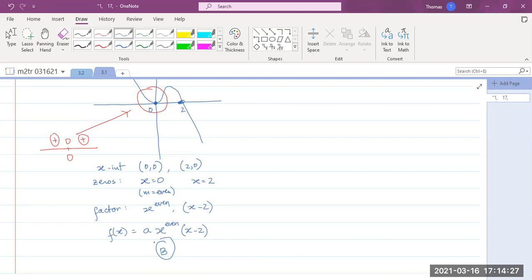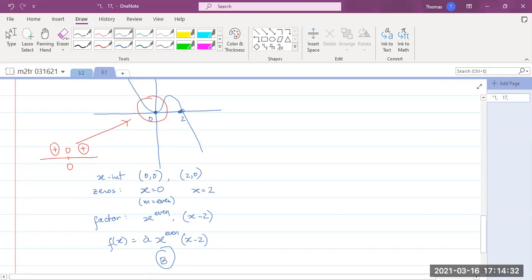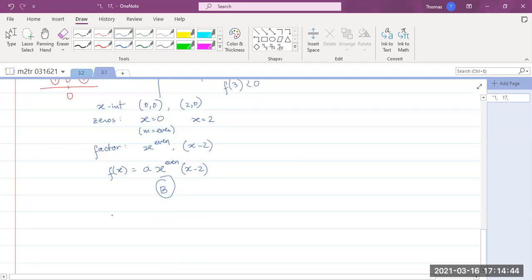You can also do this one. To detect if a is positive or negative, you can take a look here. Let's say f(3), right? f(3) should be negative. So if I plug in 3, that's a times 3 to an even power times 3 minus 2, which is a times positive times positive.